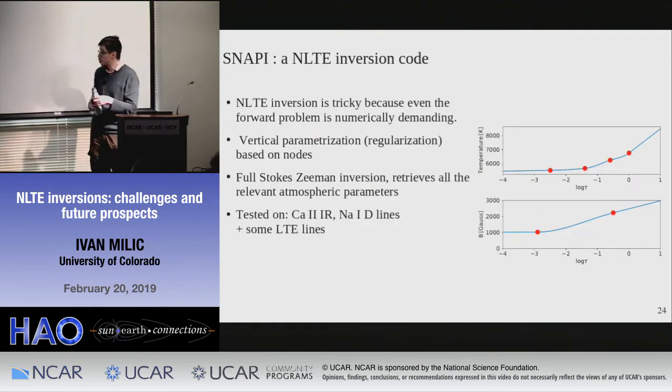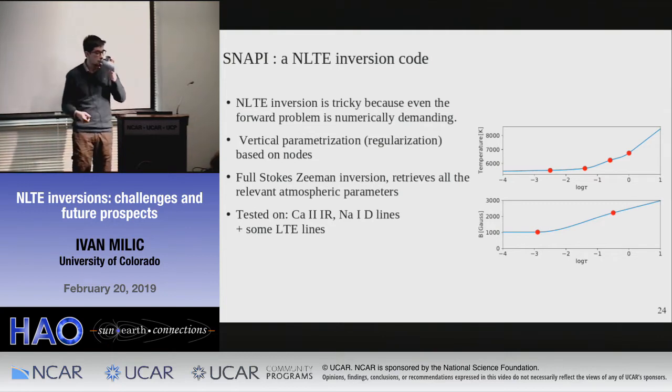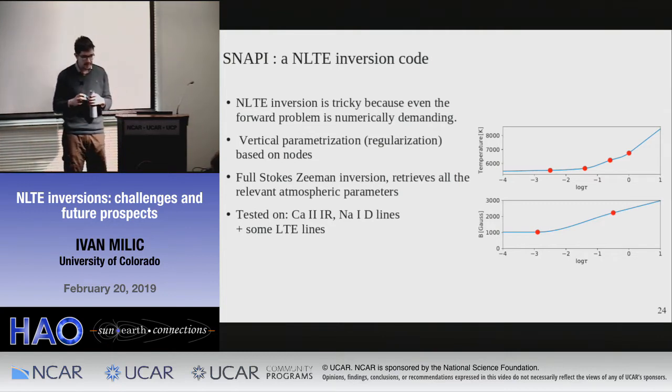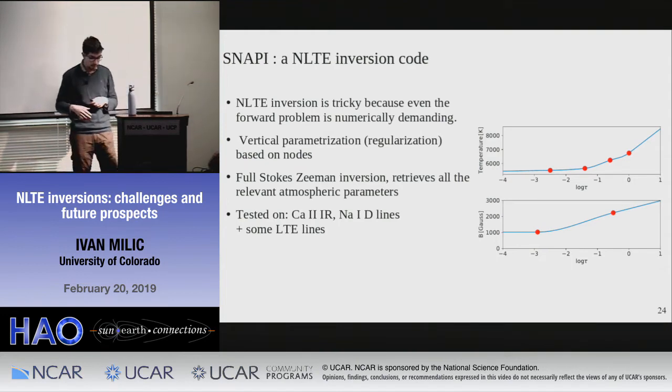Very good. So I spent most of my time in MPS finding efficient ways to calculate these response functions and then developing a code based on them. That's what Michiel and I did. We developed this code called SNAPPy, which is an acronym for Spectropolarimetric Non-LTE Analytically Powered Inversion, because apparently acronyms are very important.